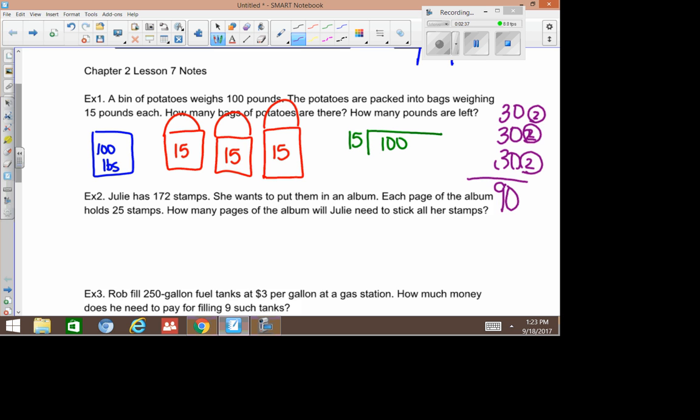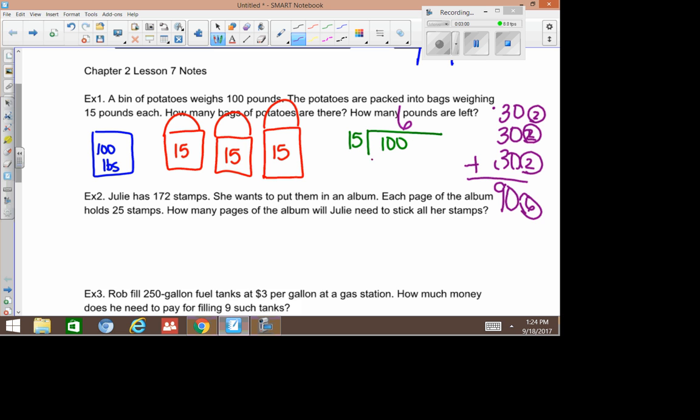Do you agree? That's 6. 6 15s get me 90. Do you see how I did that? Get a different color. Get pink. I did 2 15s, 2 15s, and another 2. And I got 6 15s that equals 90. With me? Okay.